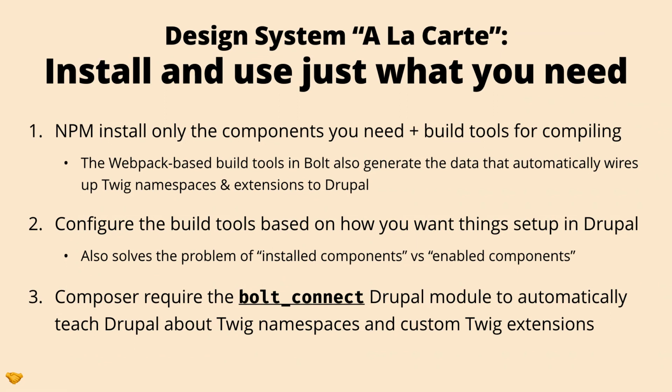And this basically is just putting all that code that you need in your node modules folder. Our build tools then take that, you configure it, say, hey, here's where my Sass lives, here's where my JavaScript lives, and you list out actually what specific components you want to use, so you can install the button, but not actually use the button if you so choose.